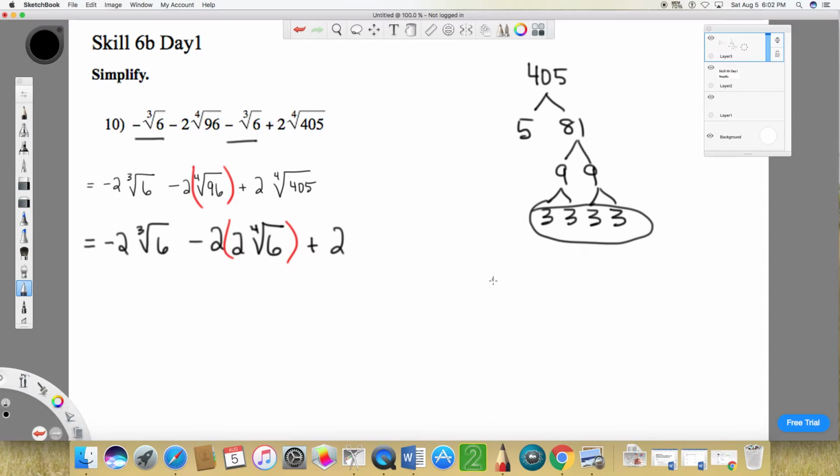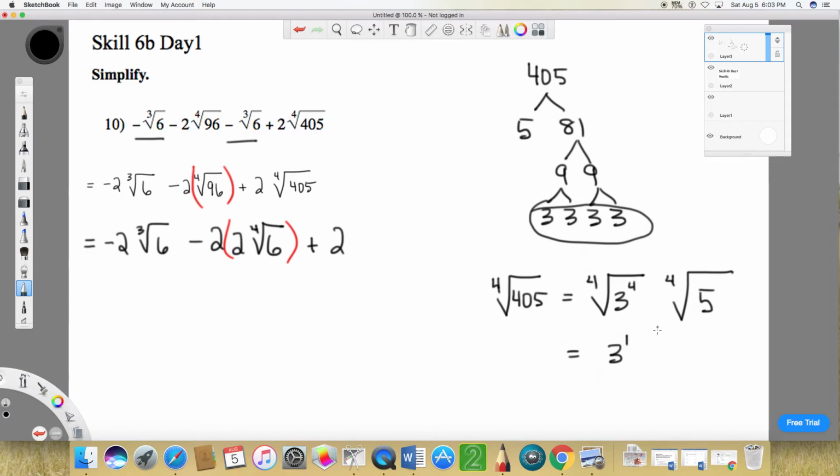So the fourth root of 405 can be simplified, and we can break it down to the fourth root of 3 to the fourth times the fourth root of 5. And the fourth root of 81 is just a very ugly way to write the number 3. You have one group of 4 factors, and the index was 4.